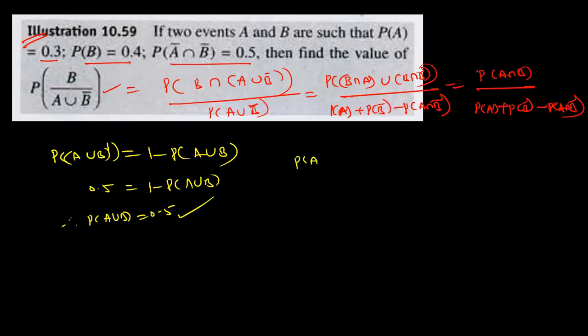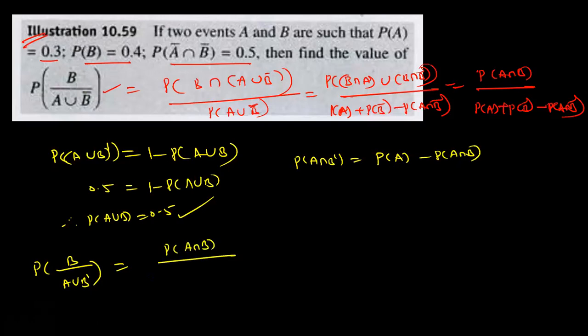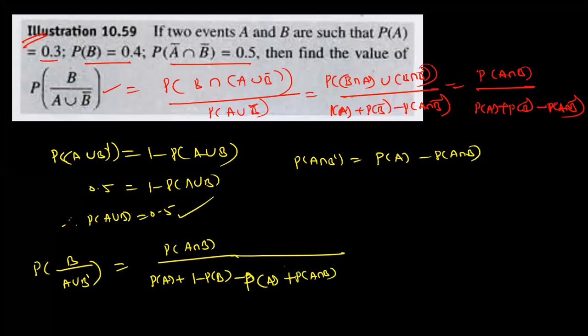Now, how to find P of A intersection B bar? Anyone? P of A minus P of A intersection B. That's all. So try. You can get the answer. P of A plus 1 minus P of B minus P of A plus P of A intersection B. Apply this formula. You can get P of A intersection B by 1 minus P of B, like that.